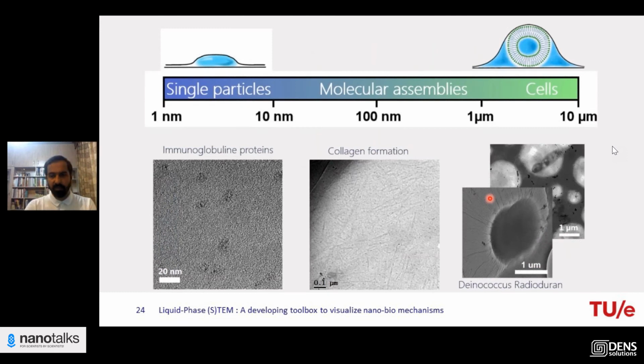The other stuff we're working on is actually the multi-scale imaging of the materials from molecular immunoglobulin proteins, collagen formation, and also the Nanotalks radioduran bacteria of more than 1 micrometer size are all the things that we have expected.